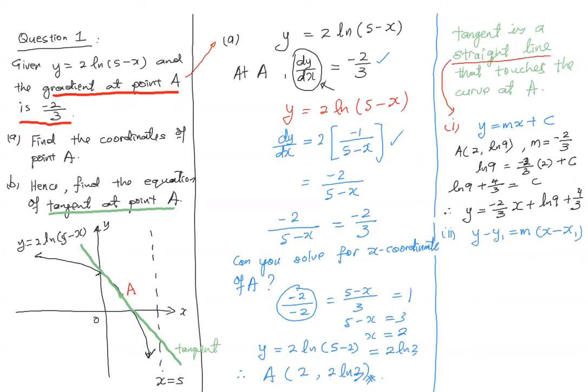Are you okay? To do this is the same thing. Y minus y1 equal to m(x minus x1). So this one, you don't have to rewrite this step. You straight away can get the answer.